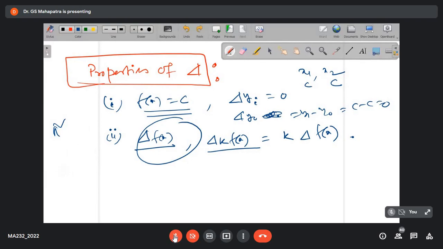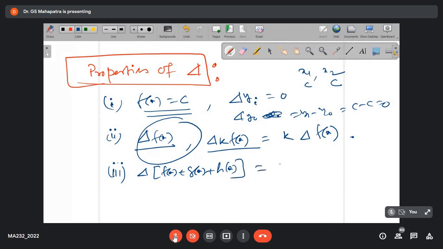So the third property of del: it is actually following the distribution. That means it is following the arithmetic operations, plus and minus. Not regarding product, I will discuss the product later. So del of the function f of x plus g of x plus h of x, three functions, what will be the answer?